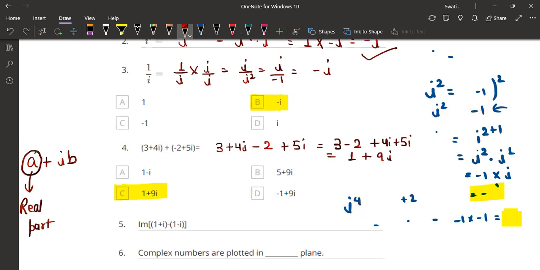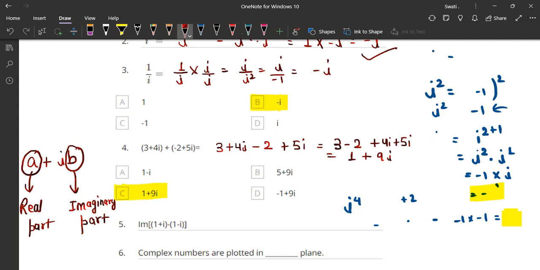Okay, and this b, that is the imaginary part. Remember there is a difference between the imaginary part and imaginary number. I is the imaginary number, but b is not the imaginary number. B is a real number only because b is present with I, that is why it is called imaginary part, but the number is real only.